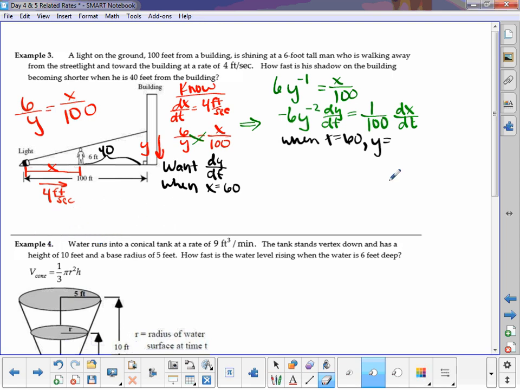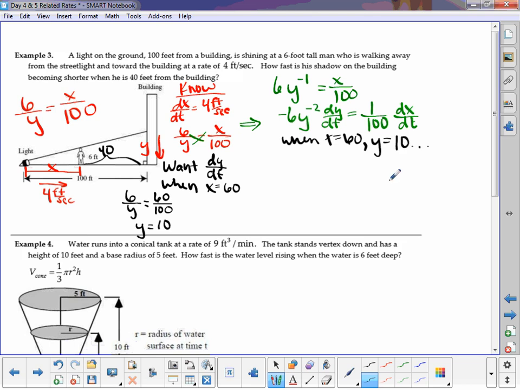When x is 60, we have 6 over y equals 60 over 100. And what do we get when we solve that? 10, good. So when x is 60, y is 10.